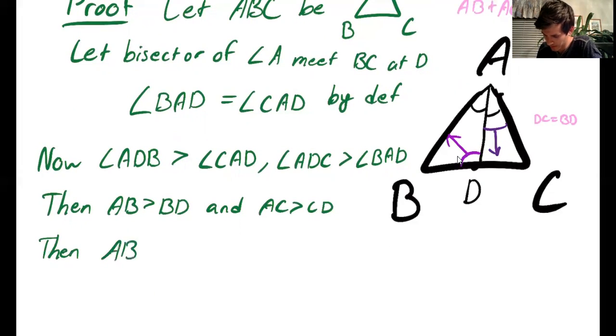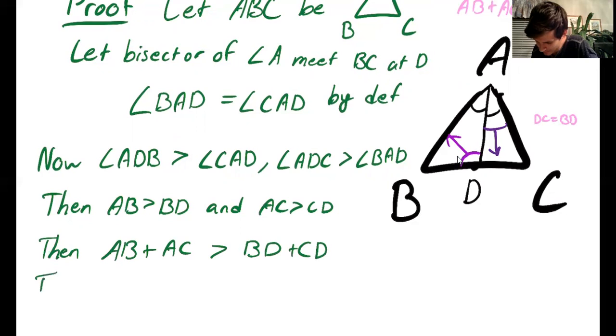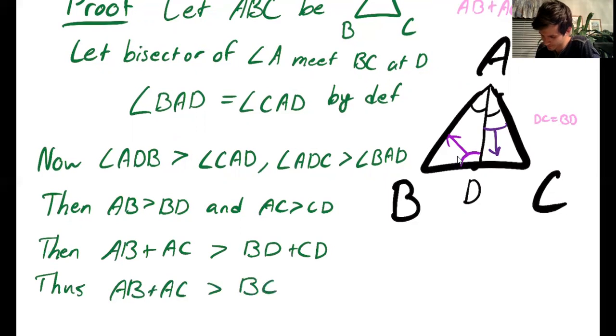We get AB plus AC is greater than BD plus CD. And we know that BD plus CD is just BC. So AB plus AC is greater than BC. And that concludes the first proof.